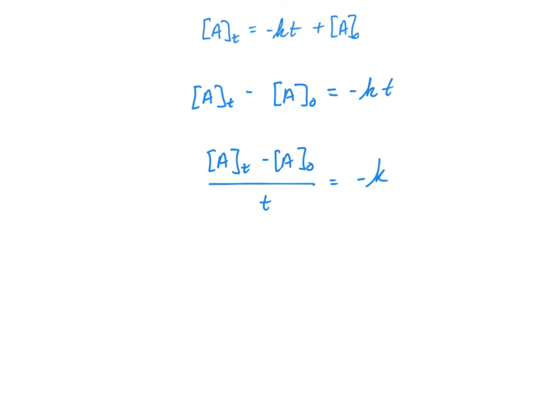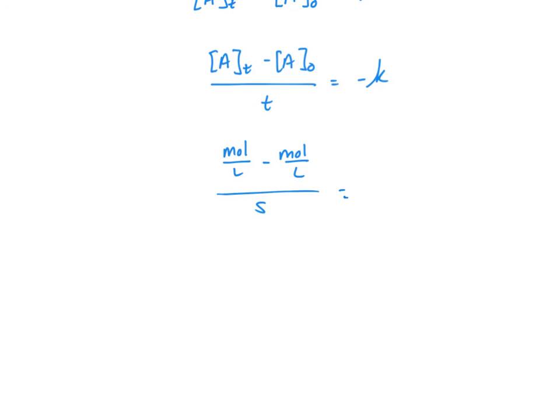All right, so we'll plug in our units. We'll have moles per liter minus moles per liter over seconds. So that will end up with moles per liter over seconds.